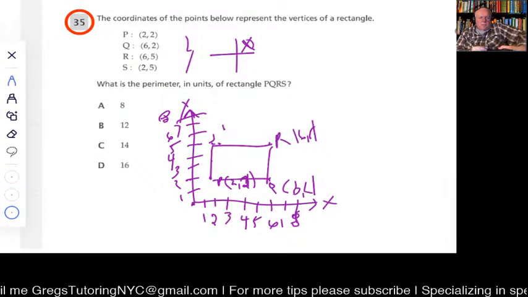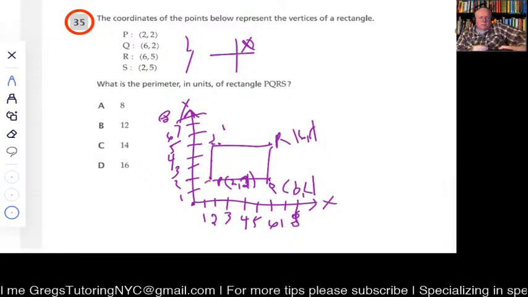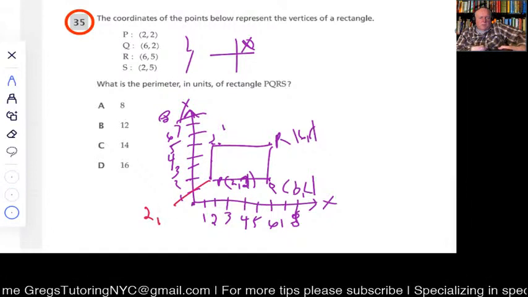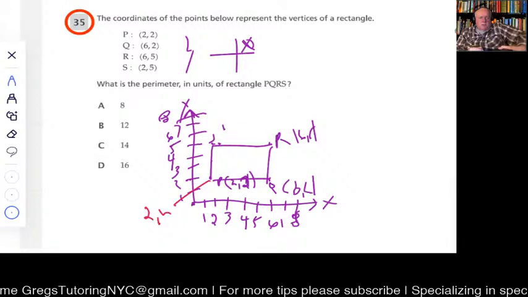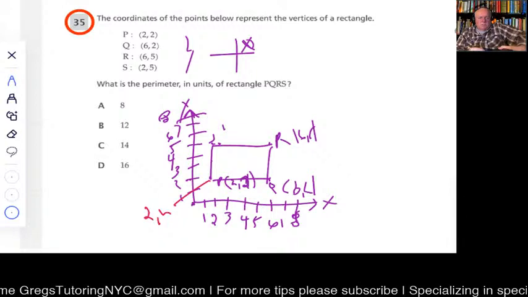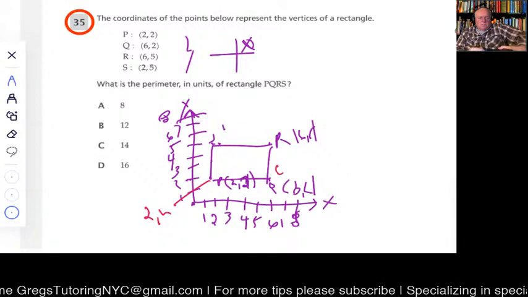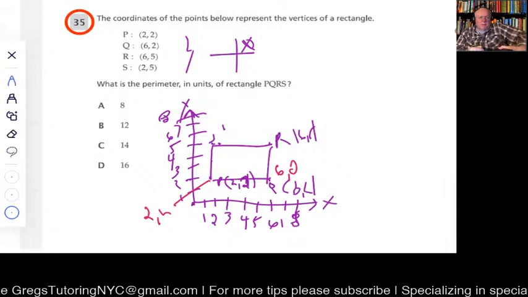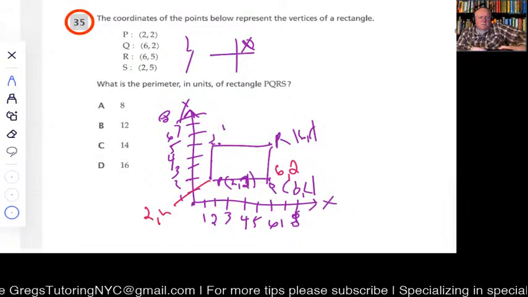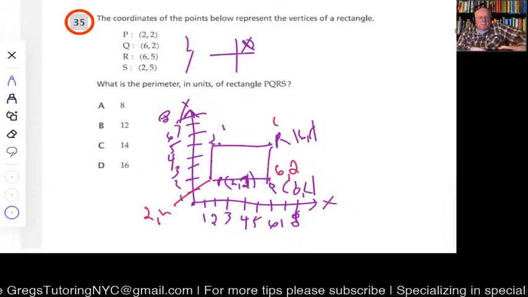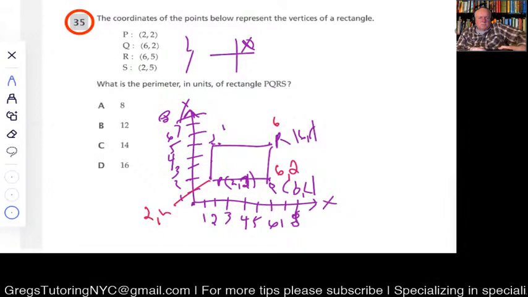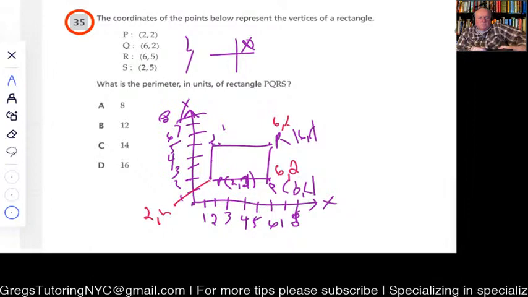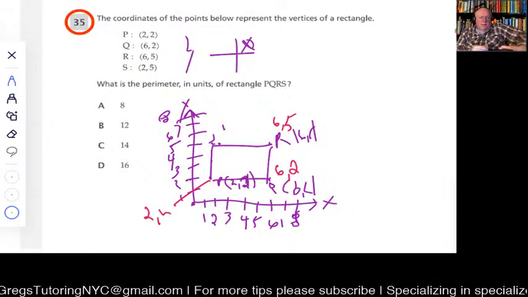Okay, this here is 2, 2. Q was 6, 2. R is 6, 5. And S is 2, 5.